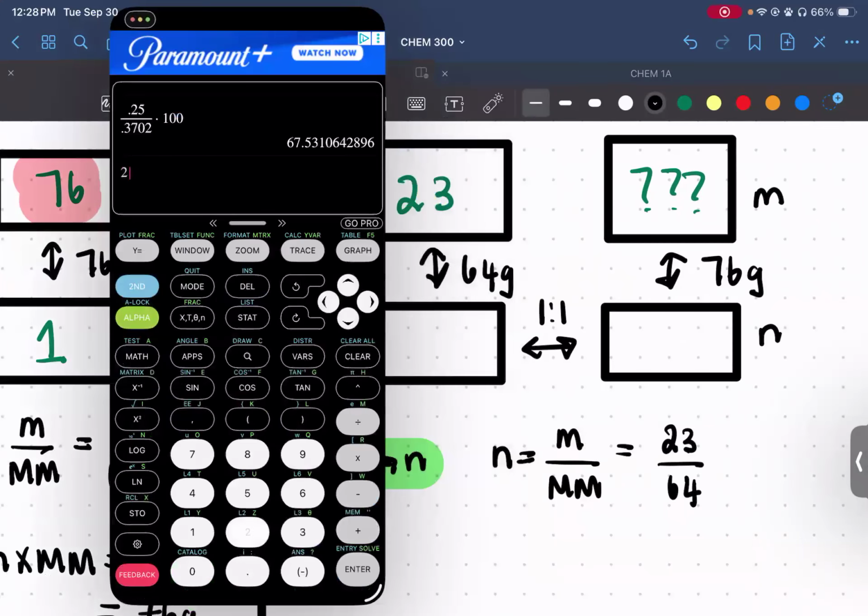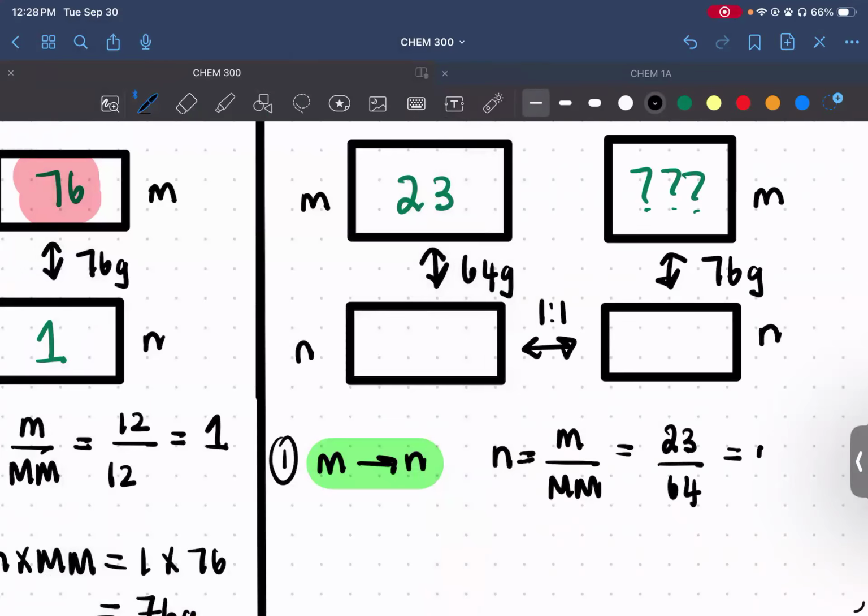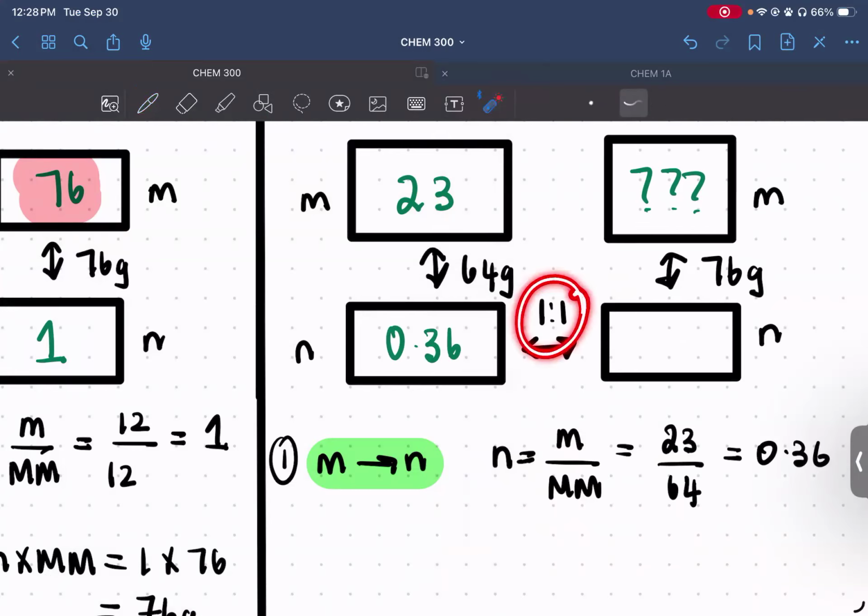Putting this into my calculator, 23 divided by 64 is approximately 0.36. Sorry, that calculator disappears so quickly. I wish I could fix that. 0.36 moles. Quick recognition that the ratio is 1:1. 0.36 moles again.